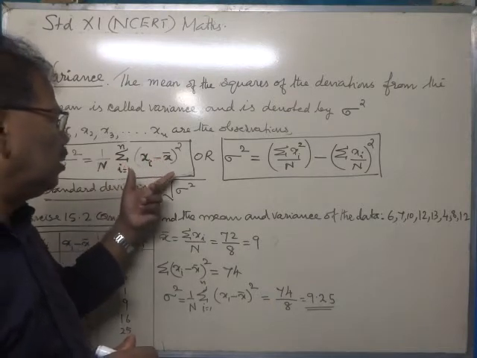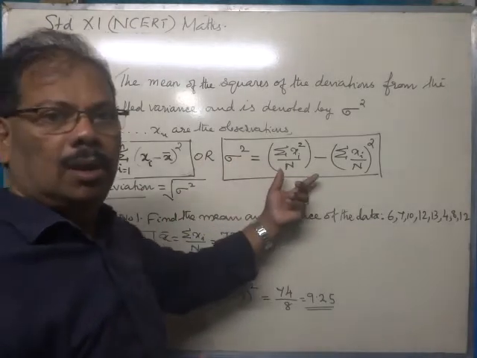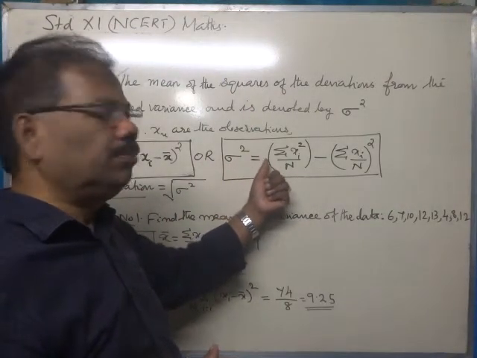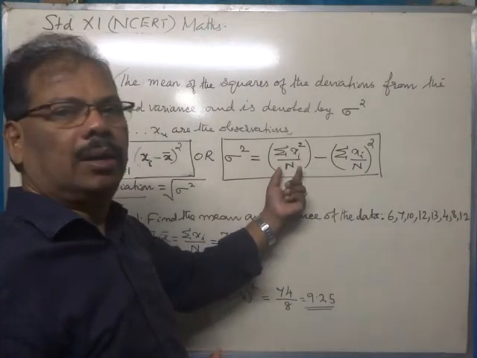And the same can be calculated using another formula. Variance is equal to sigma xi square by n minus the mean square.